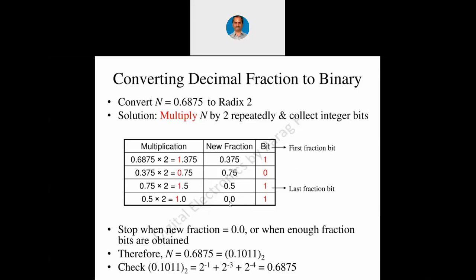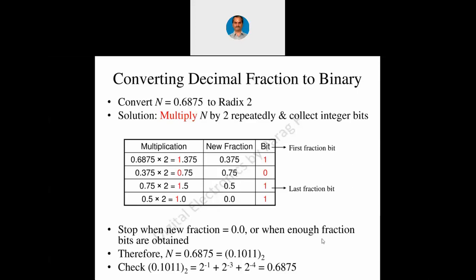But for some numbers, we may not get 0 at all. That is when Shannon said we have to come to a decision on an integer number there. Sometimes the decimal fraction, when converted to binary, may go on never-ending. It depends on that particular number. If it is not in 2's power, then it may not end at all. So stop when the fraction is 0 or when enough fraction bits are obtained.